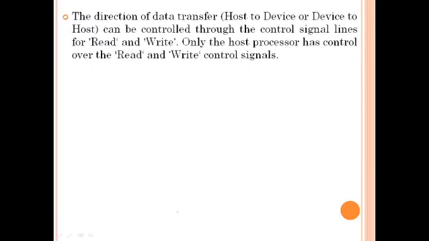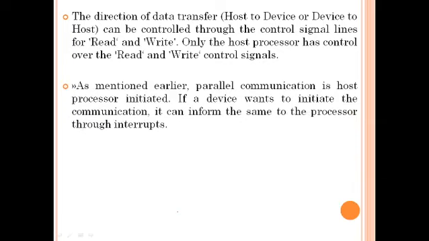So the direction of data transfer, host to device or device to host, can be controlled through the control signal lines for read and write. Only the host processor has control over the read and write control signals.